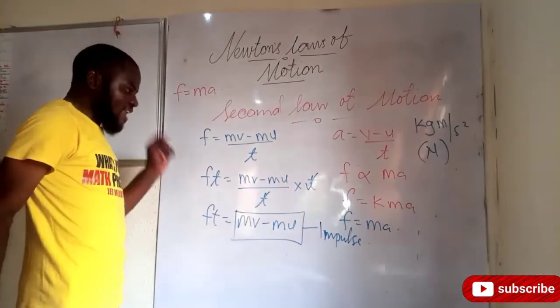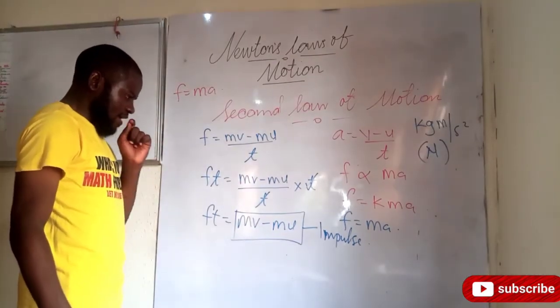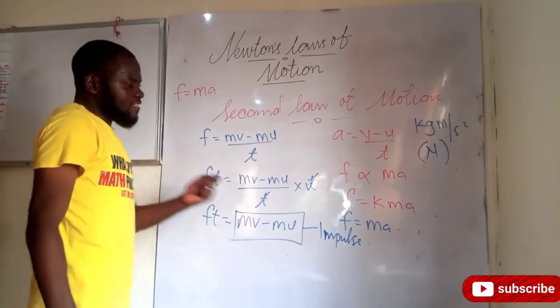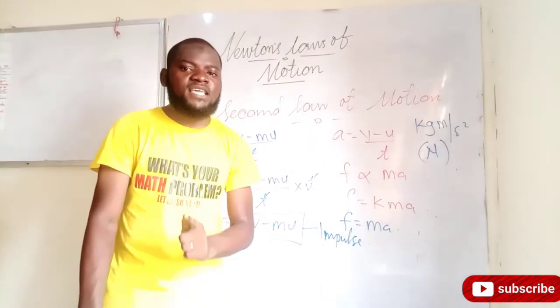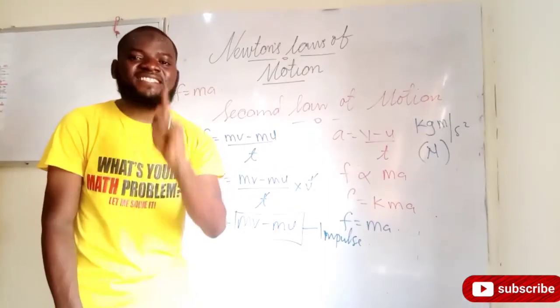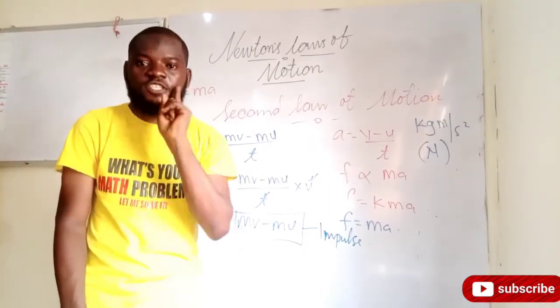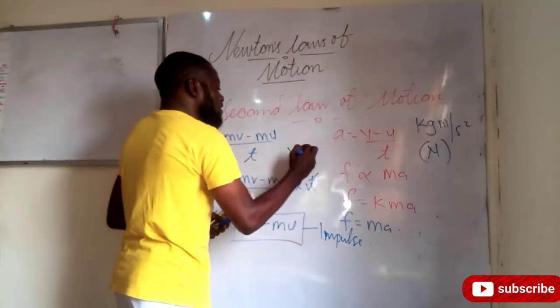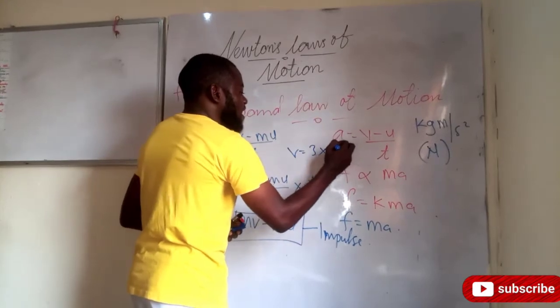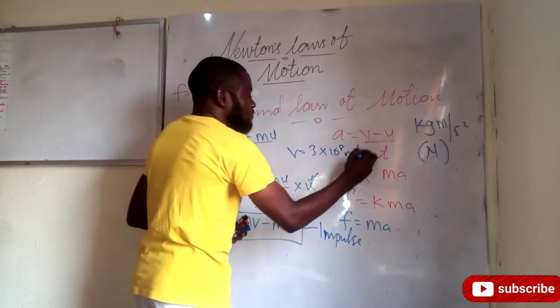Now, another thing that I need to talk about here is that this particular law will only be obeyed if the body is not moving with a velocity close to the speed of light. Remember, the speed of light is 3 times 10 raised to power 8 meters per second.